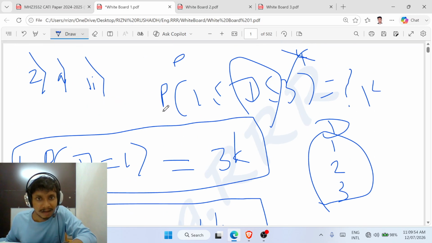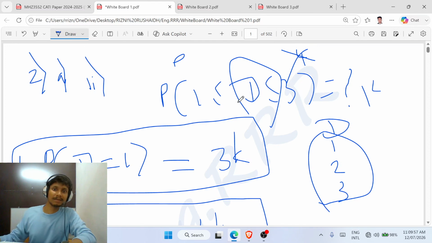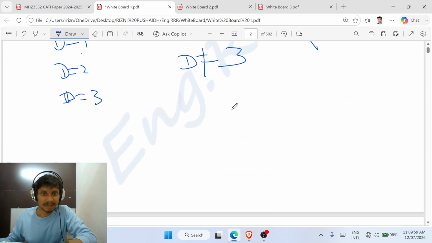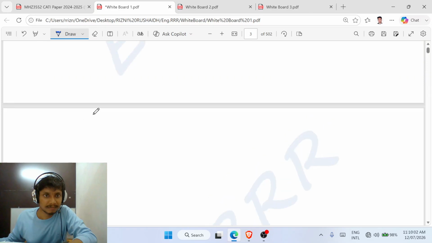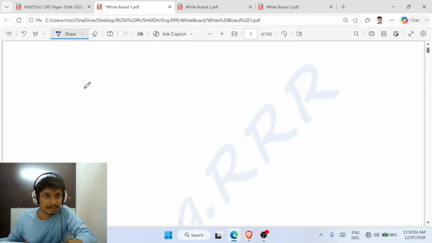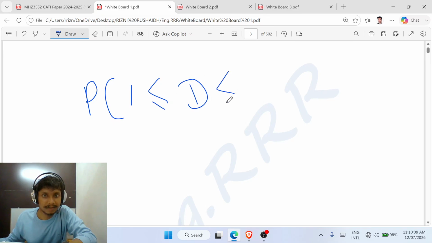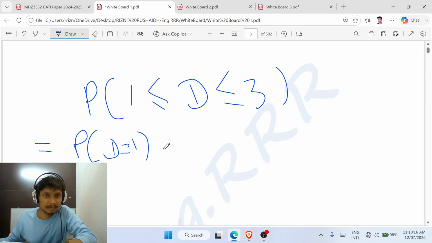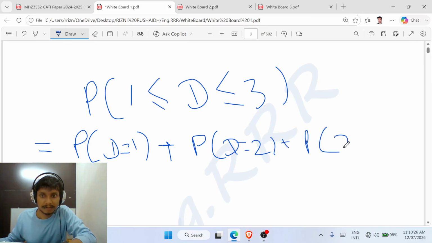We have to find P of 1 less than or equal to D less than or equal to 3. Therefore, the answer is P of D equal to 1 plus P of D equal to 2 plus P of D equal to 3.